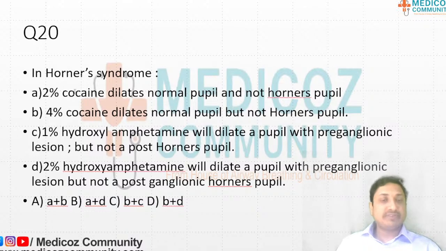In Horner's syndrome: 2% cocaine dilates a normal pupil and not Horner's pupil. 4% cocaine dilates a normal pupil and not Horner's pupil. 1% hydroxyamphetamine will dilate a pupil with a preganglionic lesion but not a postganglionic Horner's pupil. 2% hydroxyamphetamine will dilate a pupil with a preganglionic lesion but not a postganglionic Horner's pupil. Let us go to Horner's syndrome first, discuss it, and come back to the options and then discuss the answer.